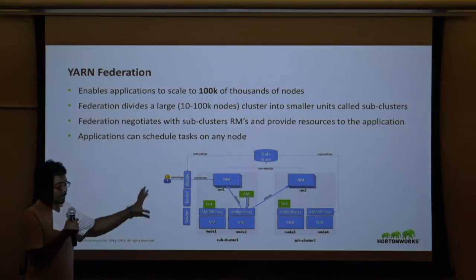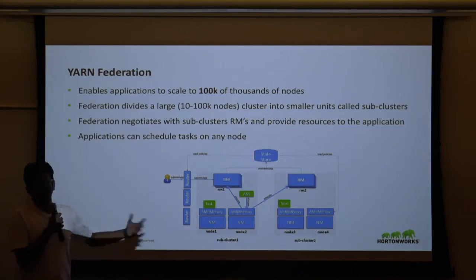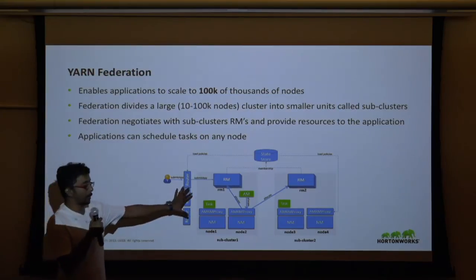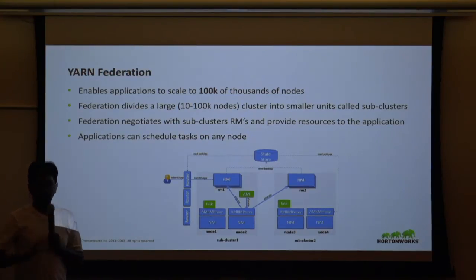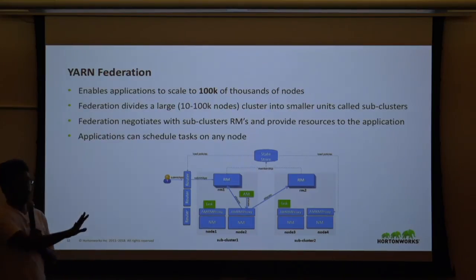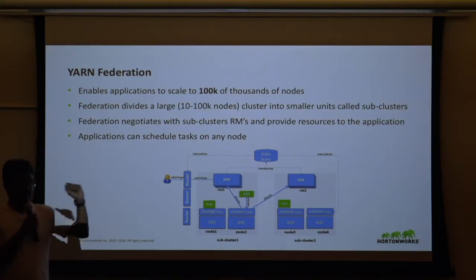Turns out when you actually go to this scale, you have to relax a lot of global constraints that we apply. In today's capacity scheduler or fair scheduler, it's actually a global decision we are making. We are looking at all the resources that we have, and all the applications that are coming in, and we are making a very tight decision, saying this guy cannot use more than this much, and so on, right?